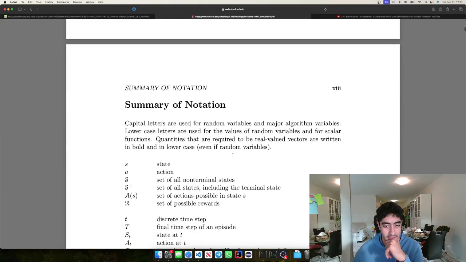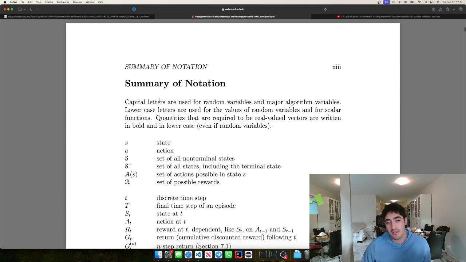Summary of notation. Capital letters are used for random variables and major algorithm variables. Lowercase letters are used for the values of random variables.